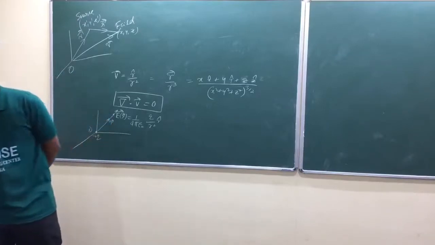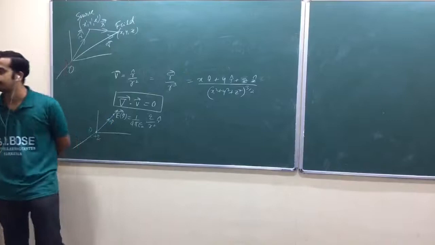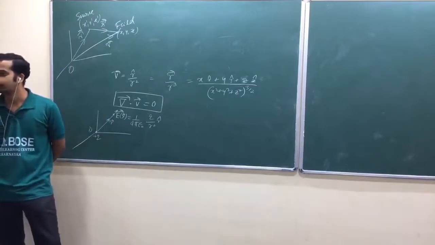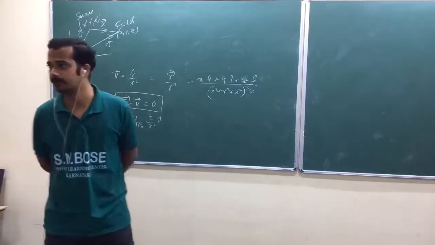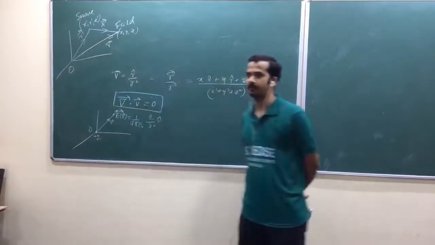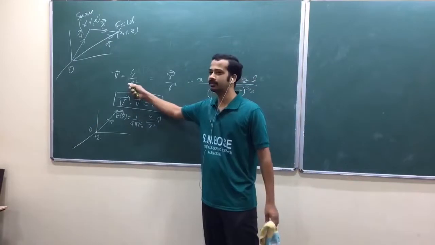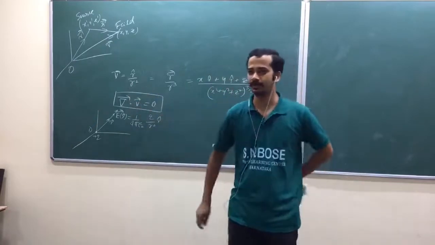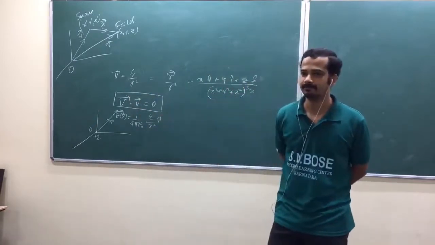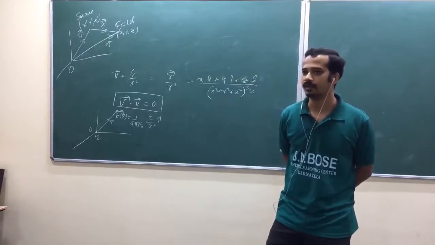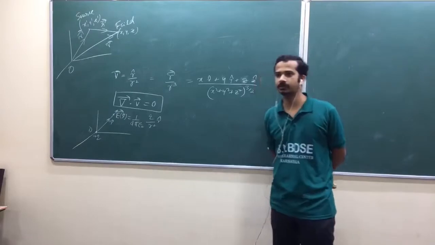What is the field expressed by a particle on itself? What is the field on the particle due to that particle? Again, that is infinity, isn't it? Any charge will not be affected by its own field.